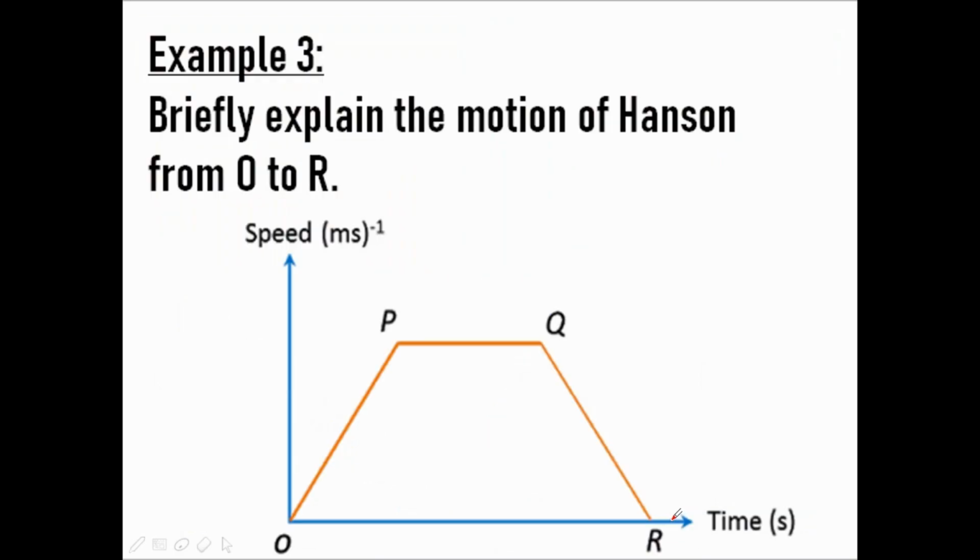Okay, so let us look at the example. Example 3. Briefly explain the motion of Hansen from O to R. We divide it into 3 parts: from O to P, from P to Q, and from Q to R. Notice that this is a speed against time graph. If you find the gradient of a speed against time graph, the gradient will be acceleration.